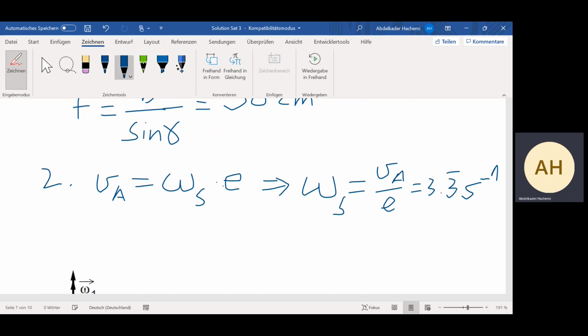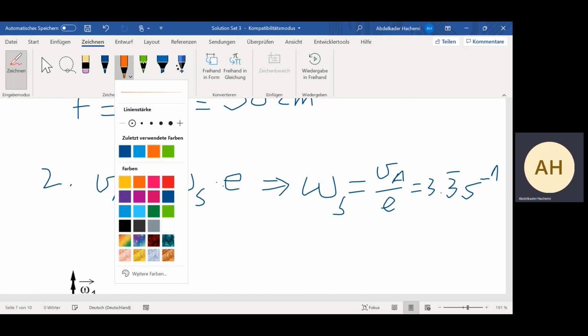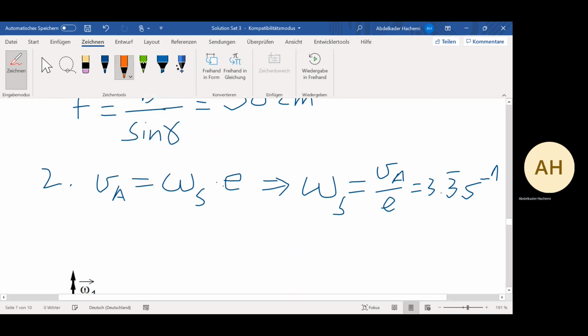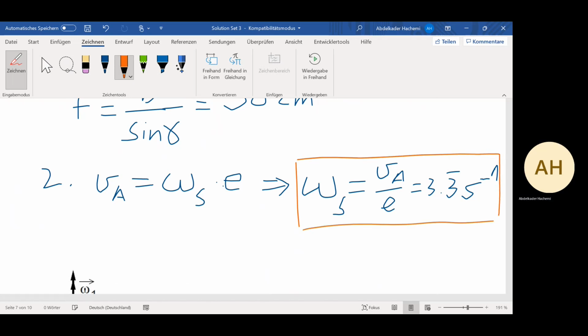Okay, this is now the angular velocity of the rod.